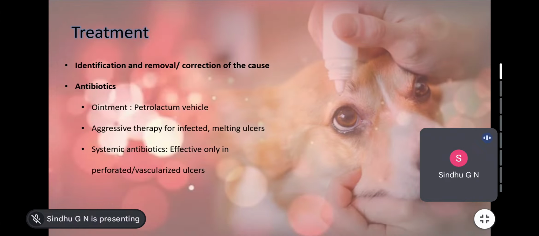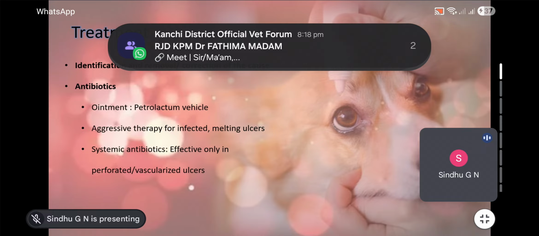Coming to the treatment, first of all, we have to identify and remove or correct the cause of ulceration. Second, antibiotics. Ointments are not advisable in deep corneal ulcers because they contain a petrolatum vehicle, which is not good for corneal healing. There should be aggressive therapy for infected and melting ulcers, otherwise they will worsen.